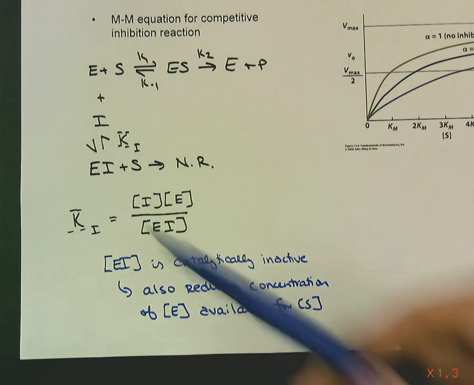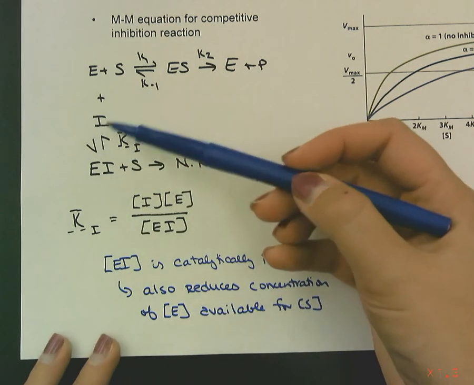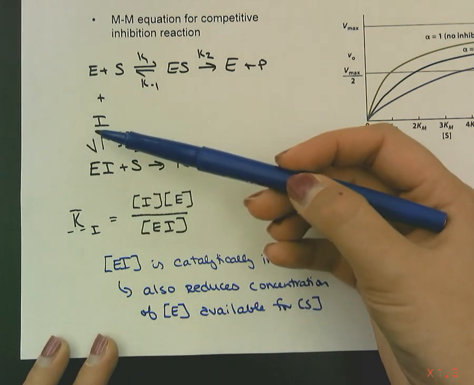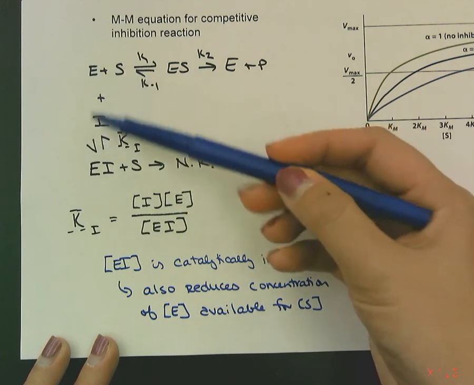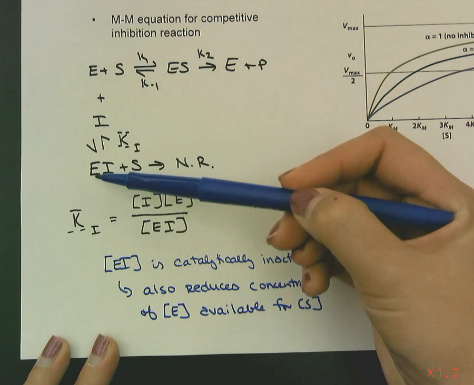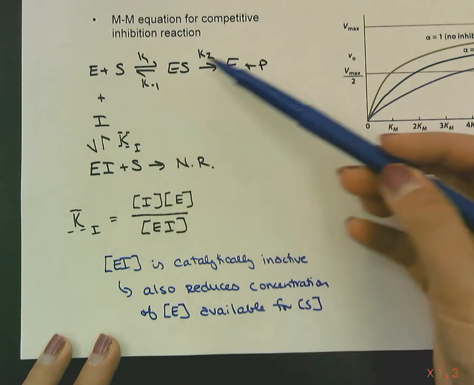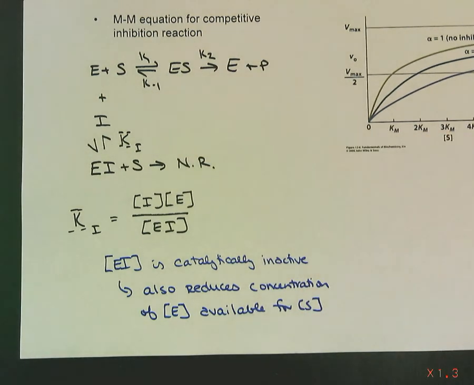So even though it goes back to this, if there's enough inhibitor, depending on the ratio of substrate to inhibitor, if there's a lot of inhibitor, it'll choose to go down this path, if there's not enough substrate to force it down this path. Does that make sense? Le Chatelier's principle. Okay.